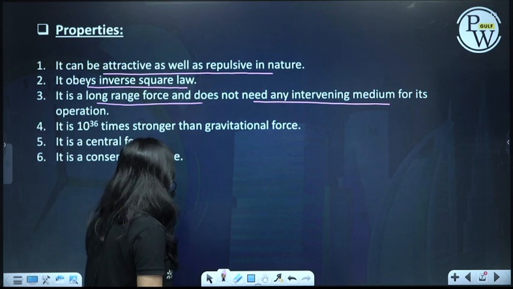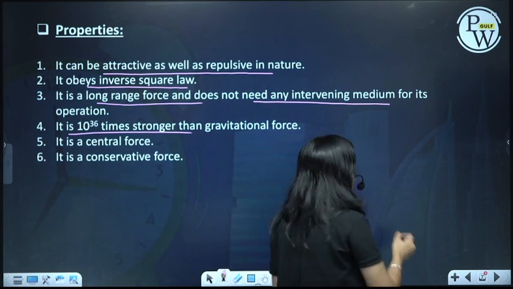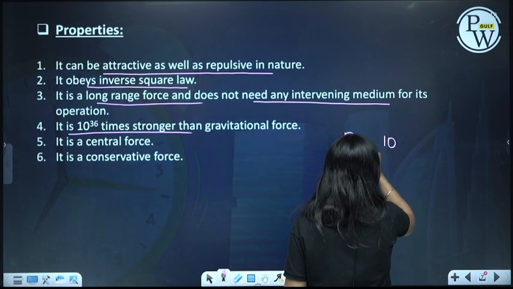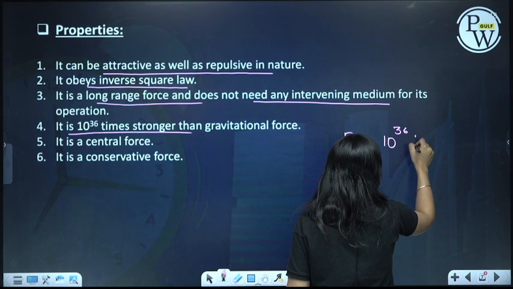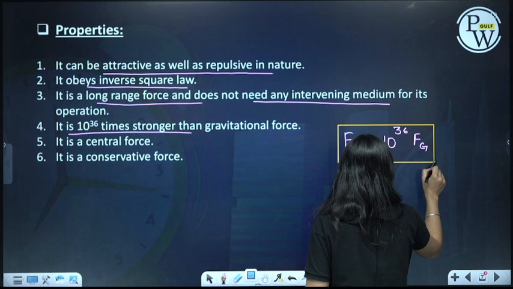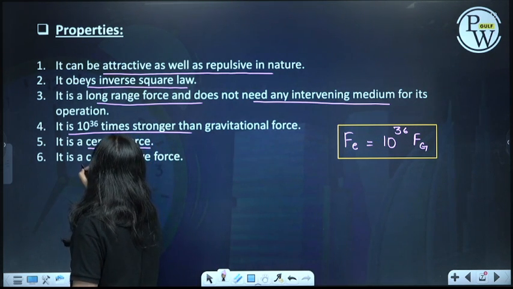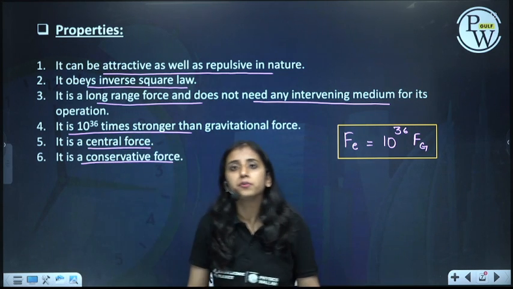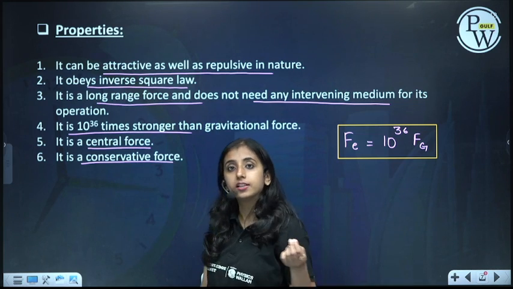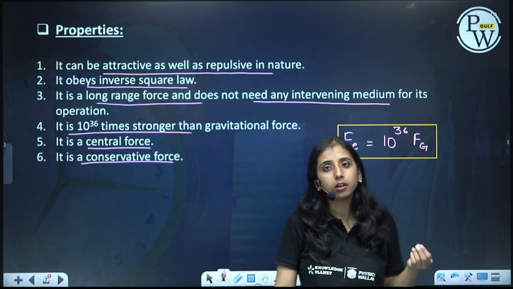It is 10 raised to the power 36 times stronger than gravitational force. It is also a central force, and it is also a conservative force. These are all the properties of electromagnetic force.